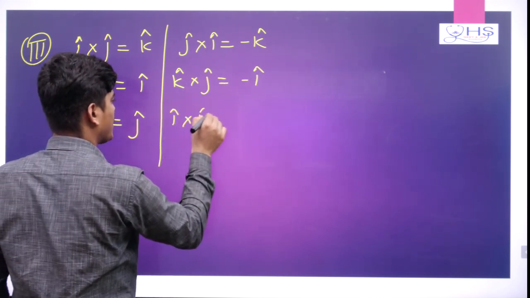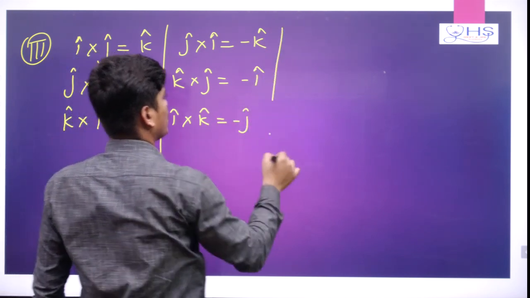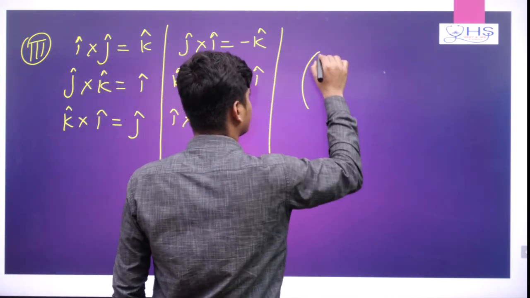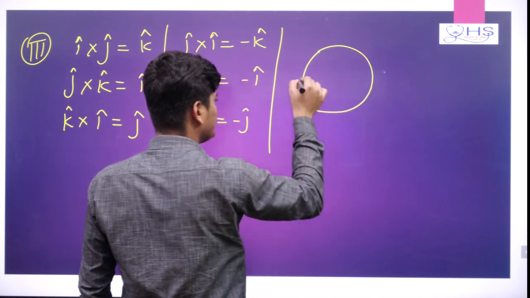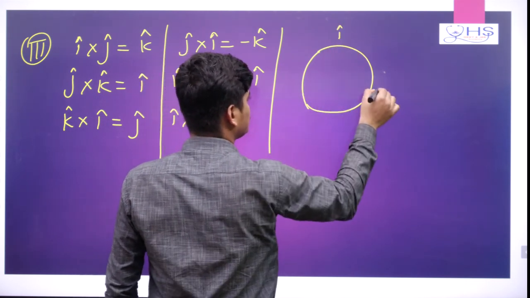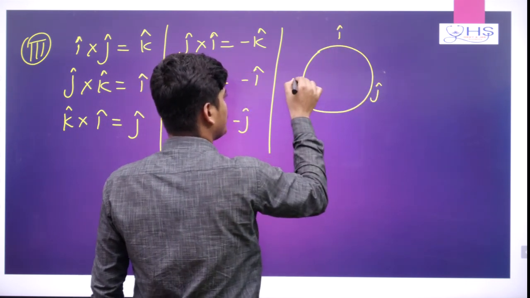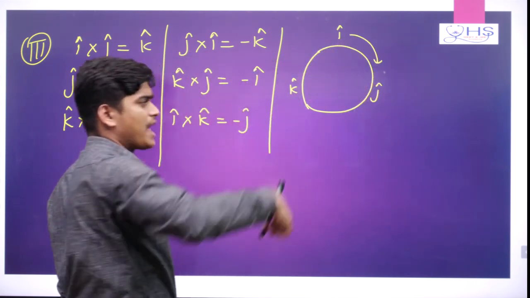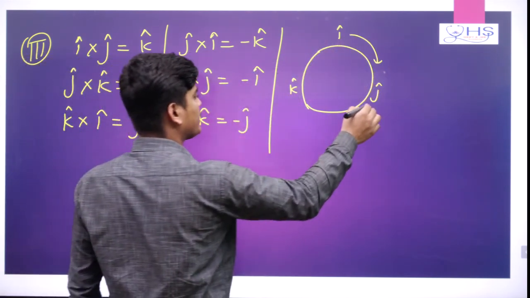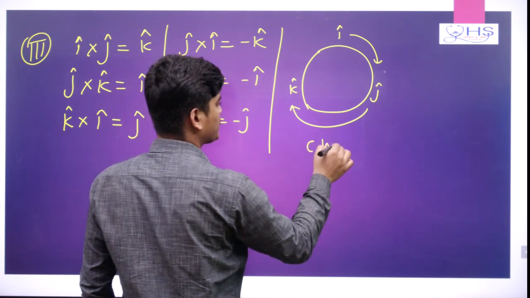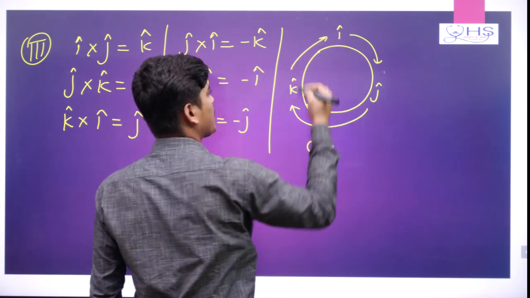Or otherwise remember, if you have a circle here, this is your i, this is your j, this is your k. If you go clockwise, i cross j, how much do you get? You get k. So this is the clockwise direction. j cross k, you get i. Similarly, k cross i, you get j.